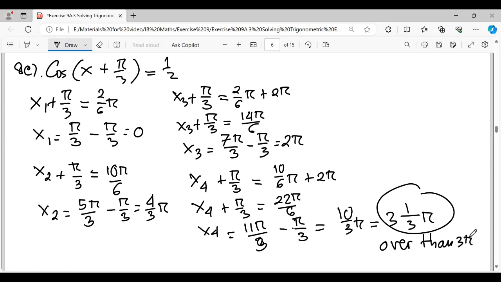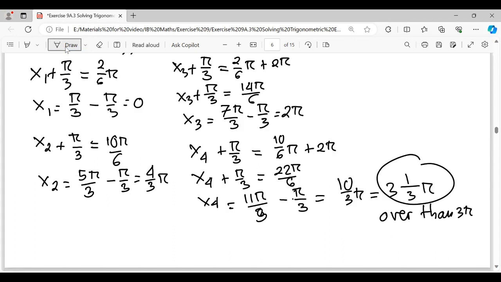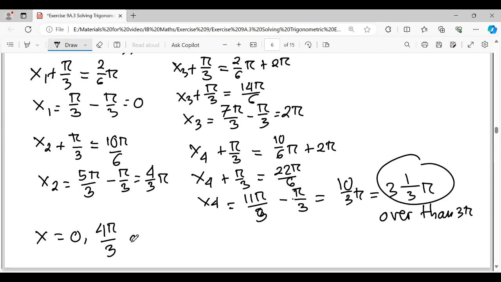Okay. We will not use that as an x value. So it means the x values are 0, x2 is 4 pi third, and x3 is 2 pi.